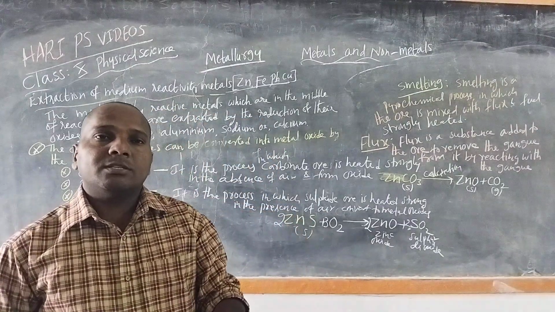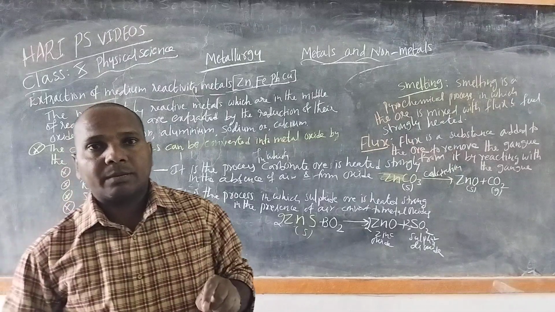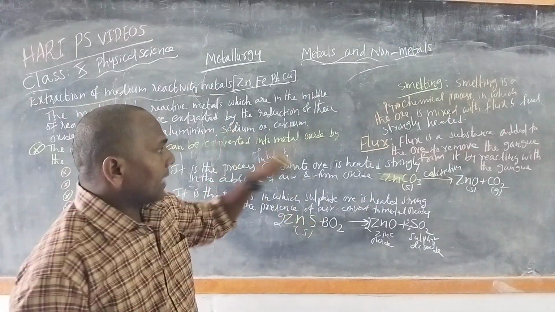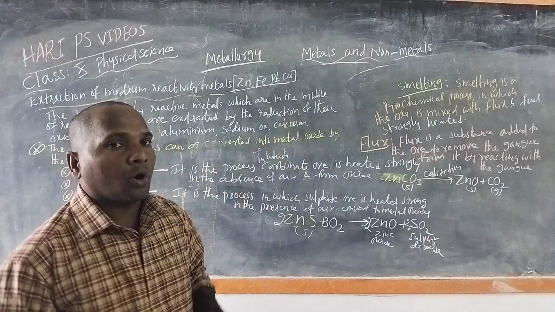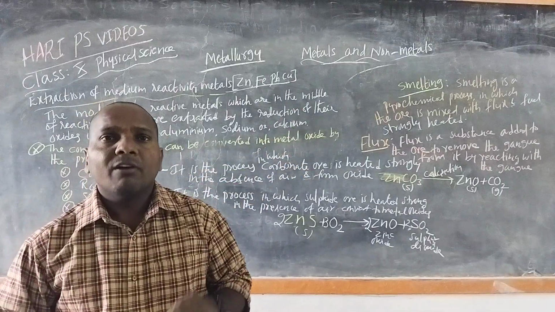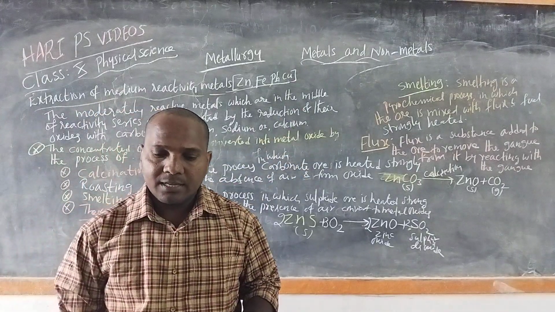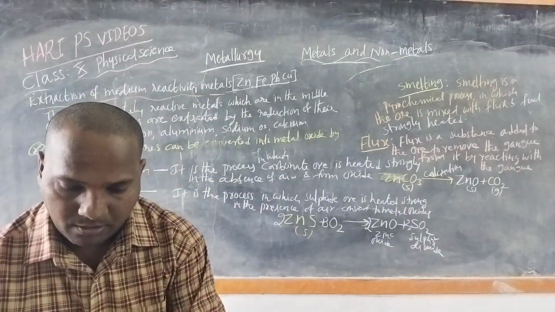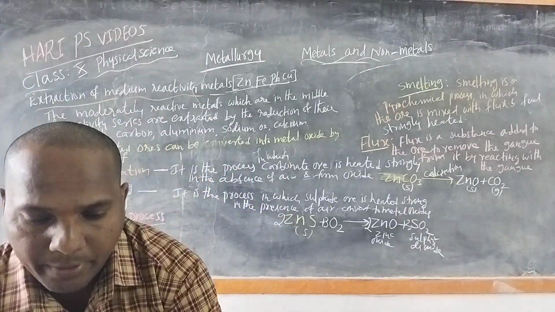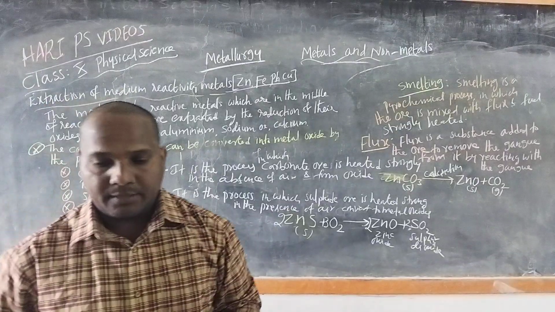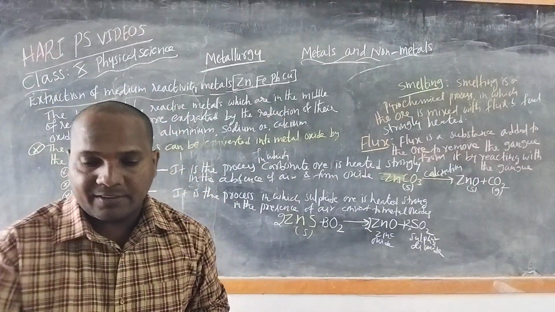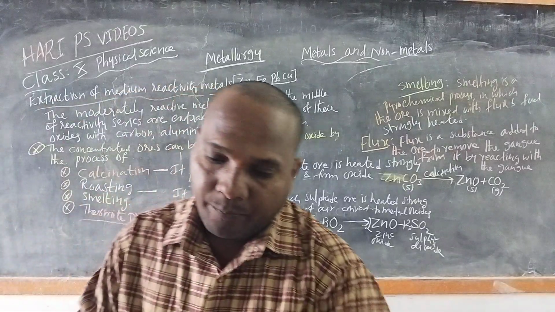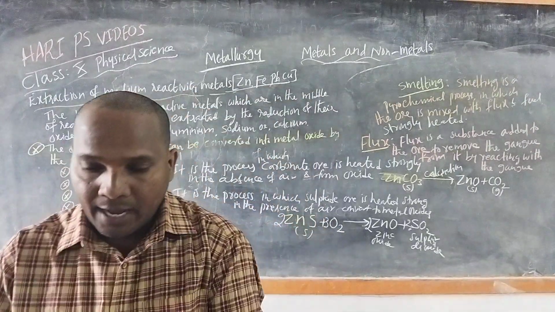That substance which is used to remove the gangue or impurity from the ore is called a flux. So by the process of smelting, when we add the flux, it removes the gangue.